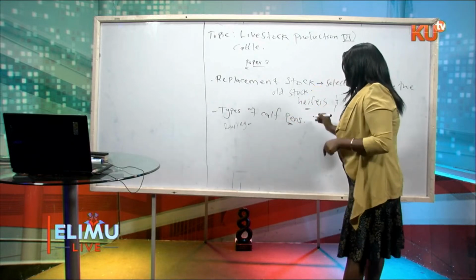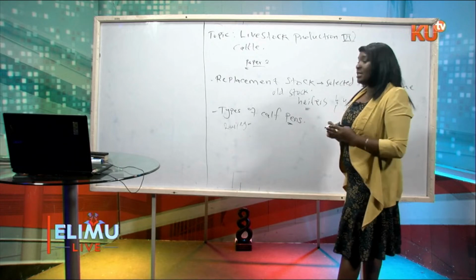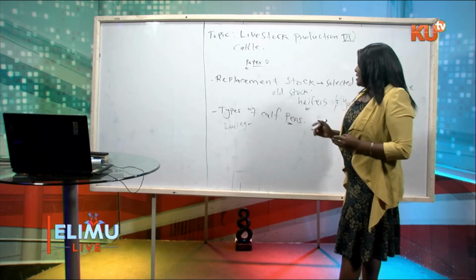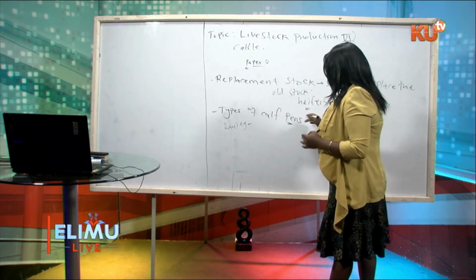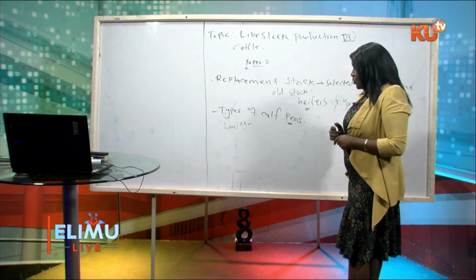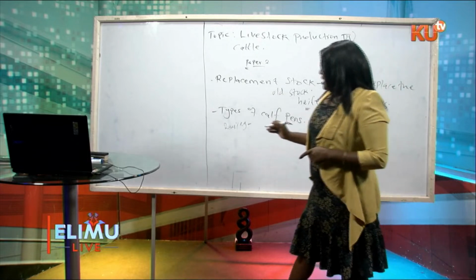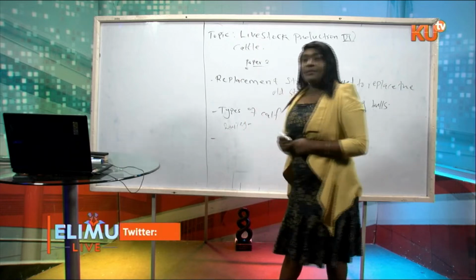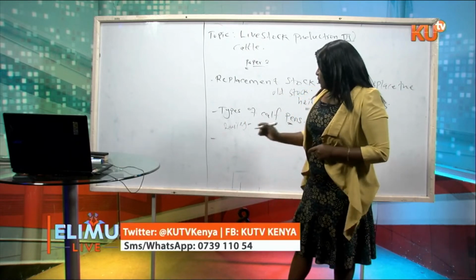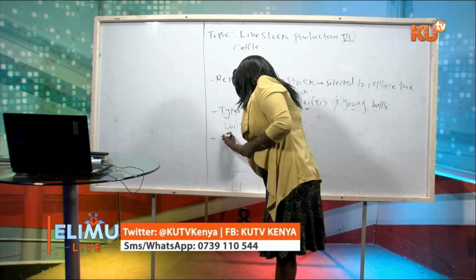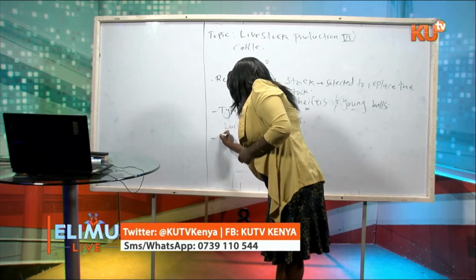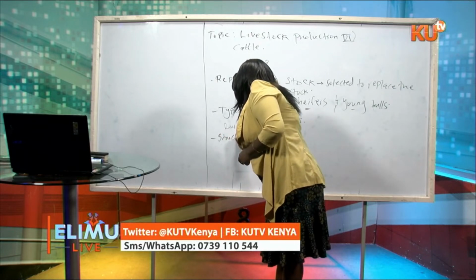So we need to look at the types of calf pens that we can use in our farms, and we have several of them. As we proceed, we'll see them. And then our next objective is the structural requirements.